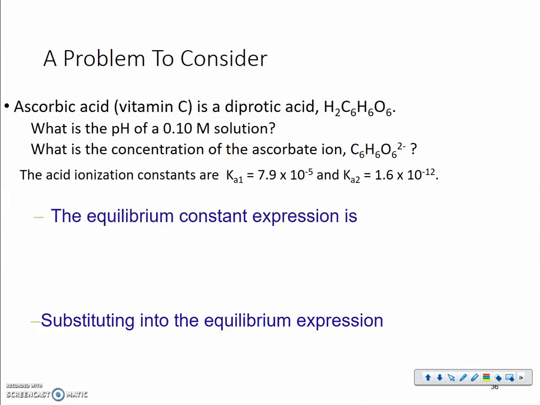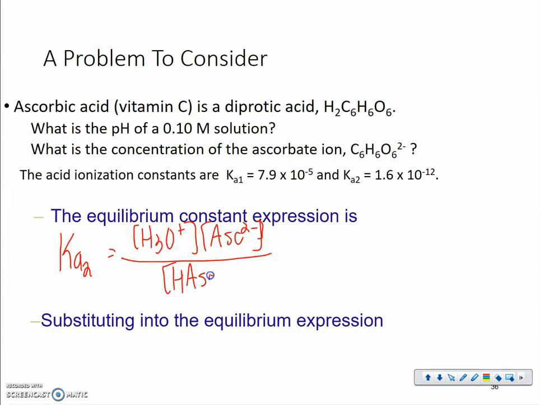So our K expression is Ka2. So if we plug in all the things we know, what we're trying to solve for is that. So our Ka2, and now we can't just have x squared on top because both your two top things are not x.